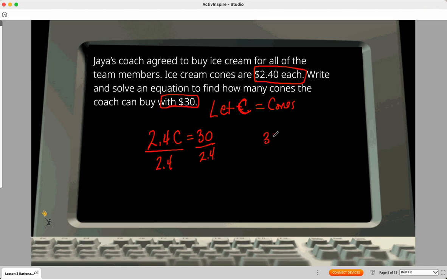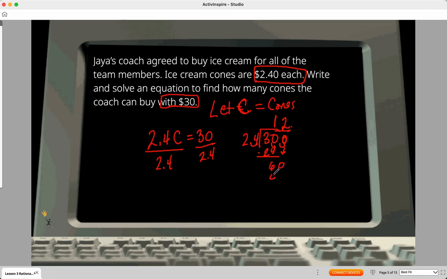So I come over here and do 30 divided by 2.4, slide my decimal, add that extra 0. 24 goes into 30. Well, that's just 1, so I go 24 times 1. I don't know what my mind was going through. 6 left over, drop my 0. 24 goes into 60 twice.